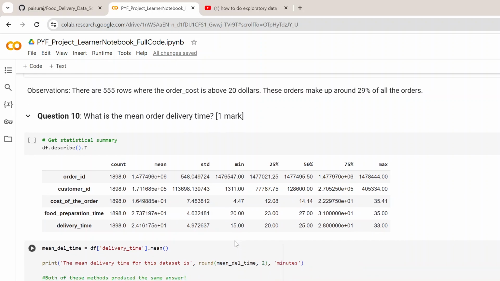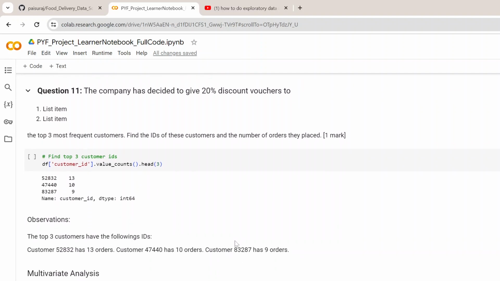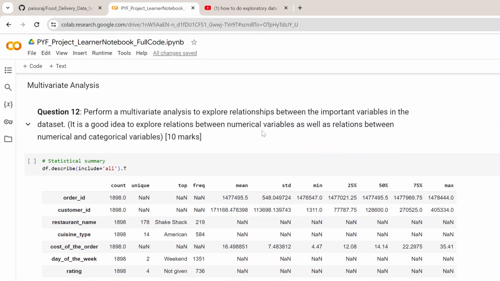Delivery time. We covered this earlier in the video. All right, so now let's go into the bivariate or multivariate analysis. This is where we look at relationships between two or more variables to get an idea of any correlation.